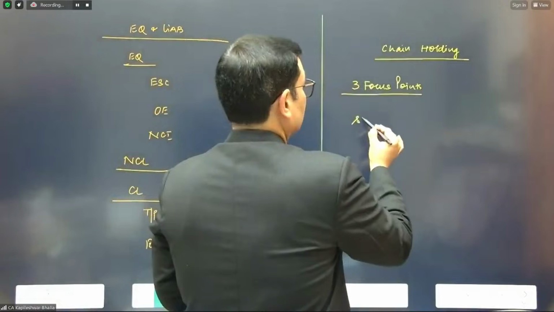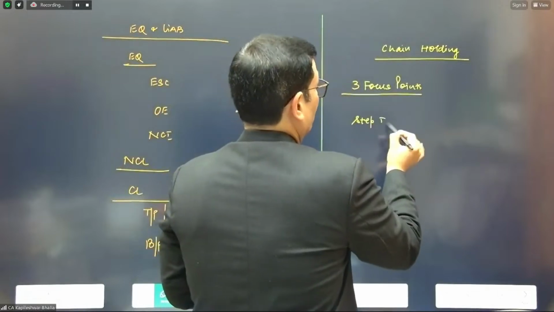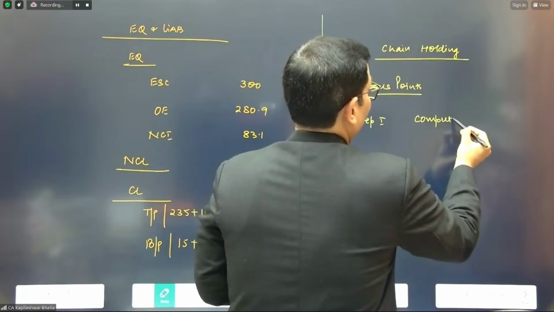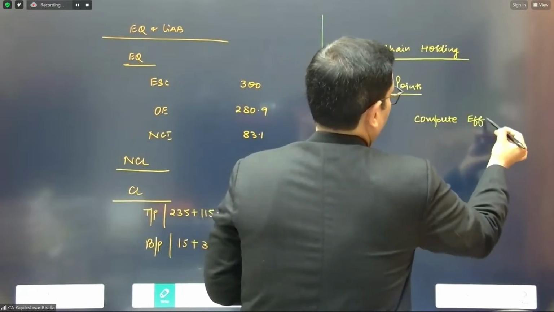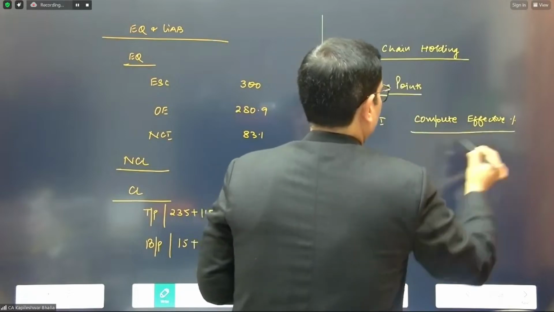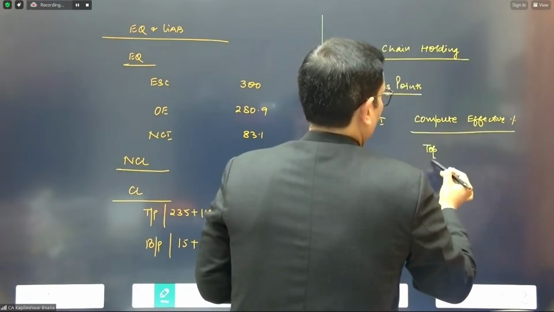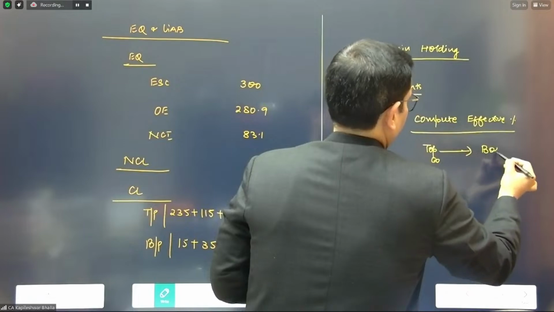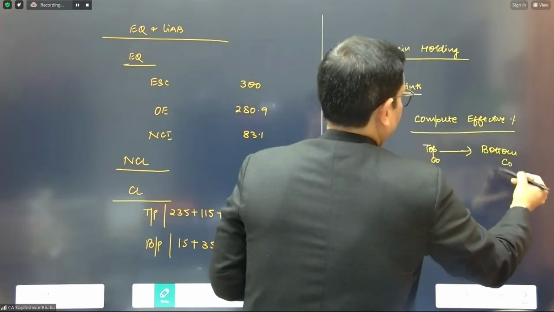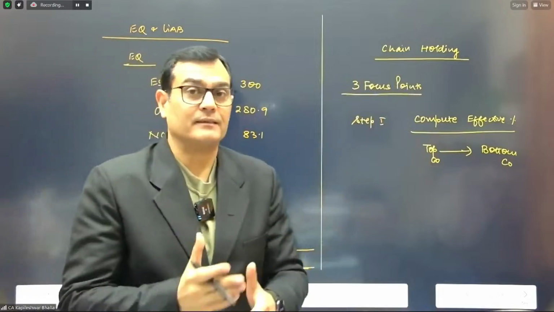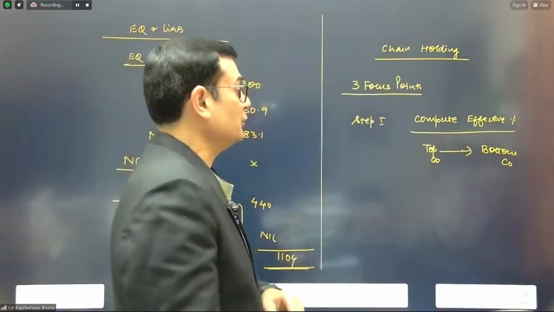Number 1. When you go to step number 1, you need to compute the effective percentage which the top company has in the bottom company. So this is one exercise you need to do in step number 1, that take care of the fact that you need to get the effective percentage.